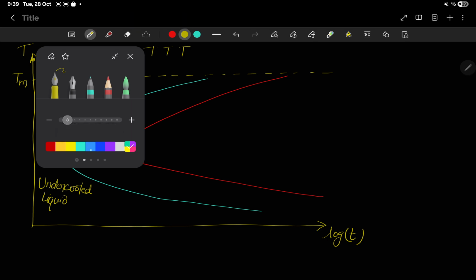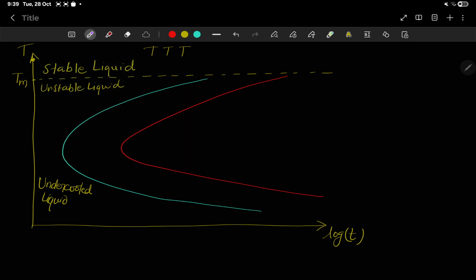Okay, so what is happening? Let's take some initial point here and draw one curve. Let's take it with this. Okay, so we have one liquid, and with respect to time we are decreasing the temperature in a very slow manner, so we will get a curve like this. This is for slow cooling.